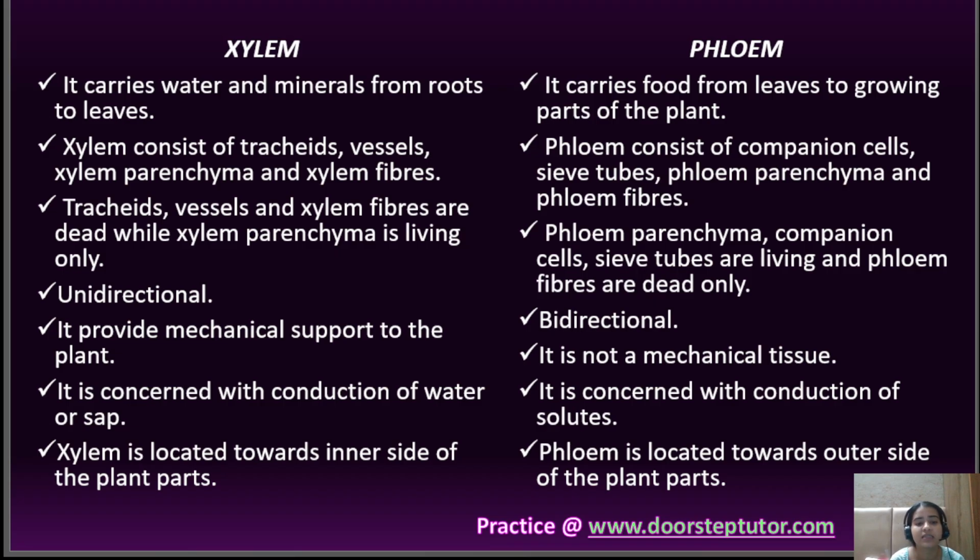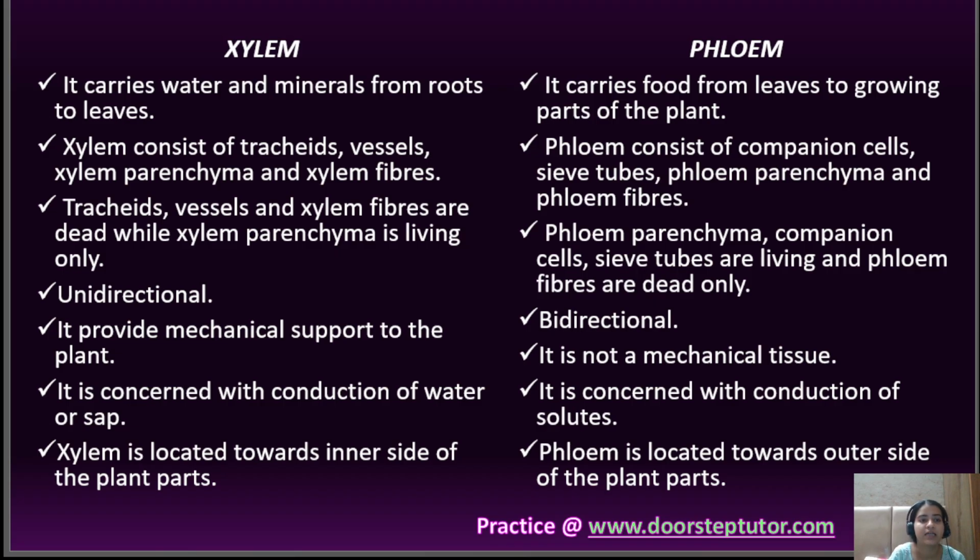So here we can understand that the xylem provides mechanical support to the plant, while the phloem doesn't have any mechanical tissue. They don't play a major role as a mechanical tissue. If we talk about the direction, in case of xylem it is unidirectional. That is, the water only flows from downward to upward direction.